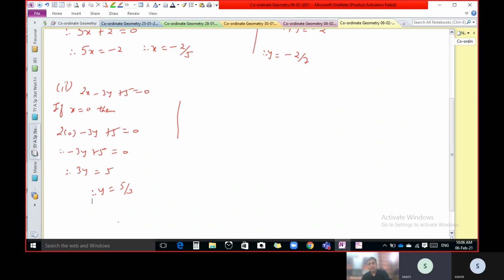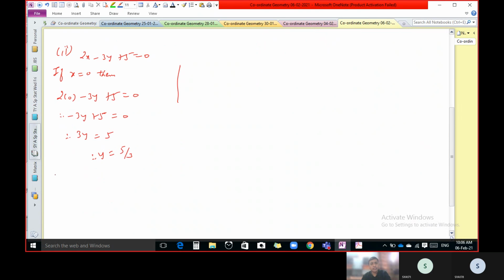So this is the answer for the intercept on y-axis, because it is the answer of y. Intercept on y-axis is 5 by 3. Now put y equal to 0. If y is 0, then 2x minus 3 into 0 plus 5 equal to 0.